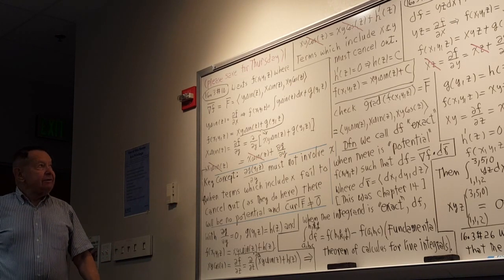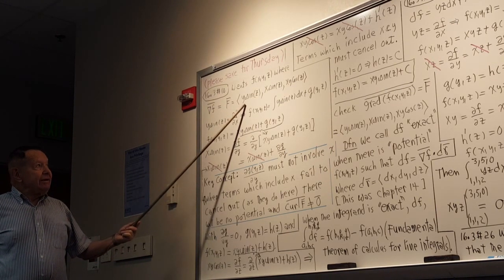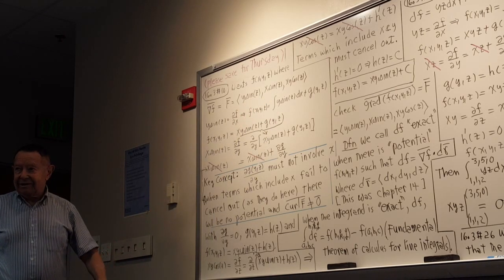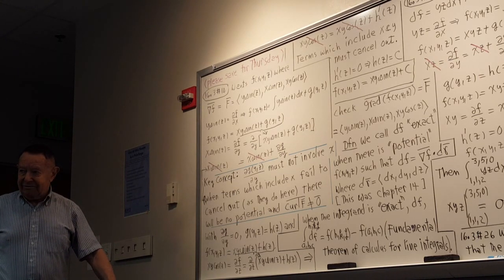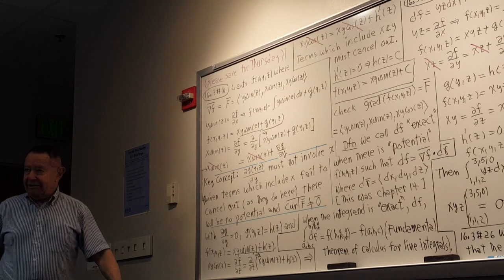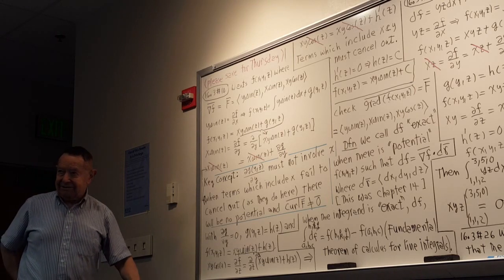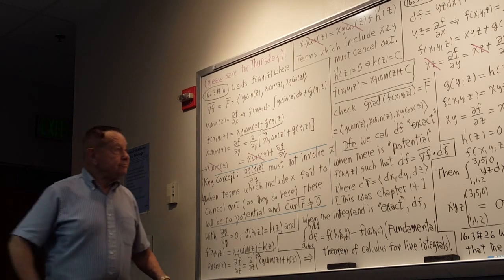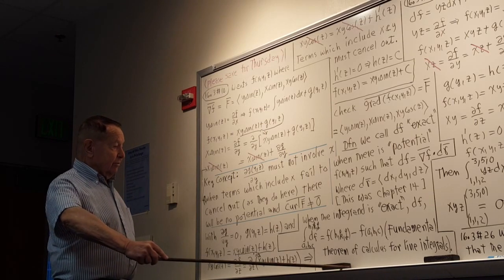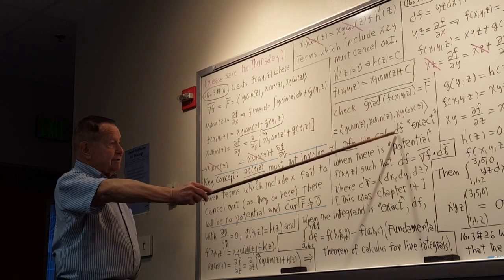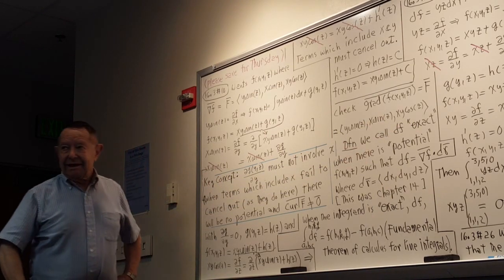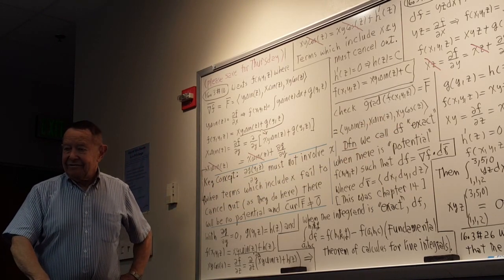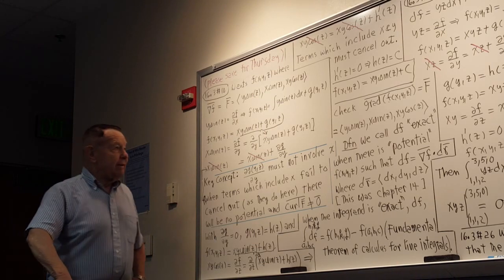Or if you wanted to, and you didn't like the path C that you were given, you could change to a straight line path and parameterize that and do it like we were doing parameterized integrals last week. So we call a differential exact. This is where the connection comes in with differential equations, really.